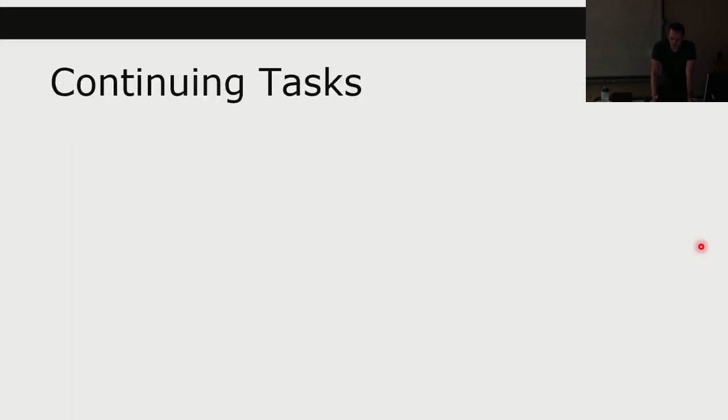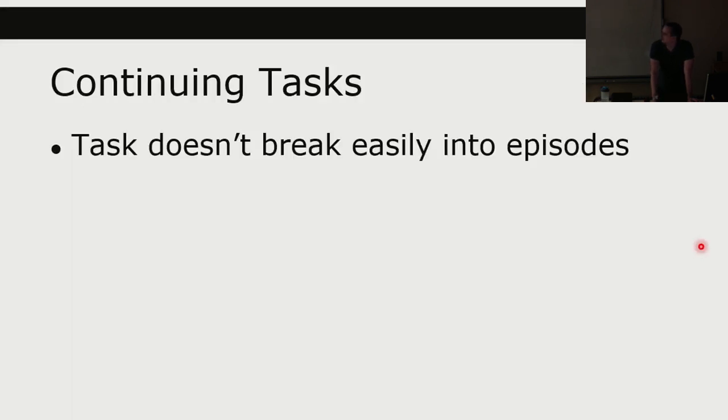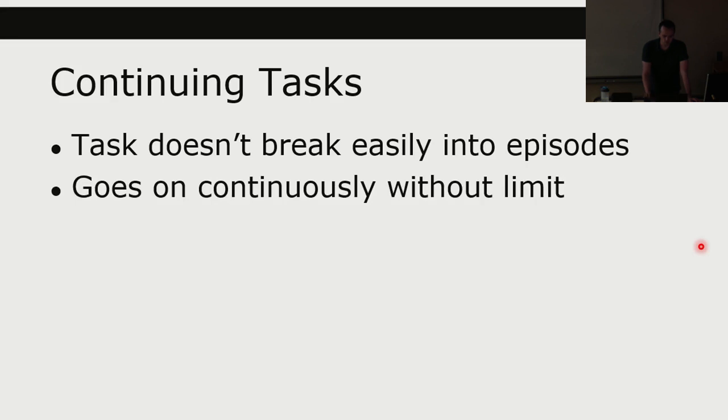However, what if the task doesn't break easily into episodes? Like real life, we don't really have episodes. Maybe you could consider one day an episode, but really, life is just one continuing task. Continuing tasks are tasks that go on continuously without a limit.